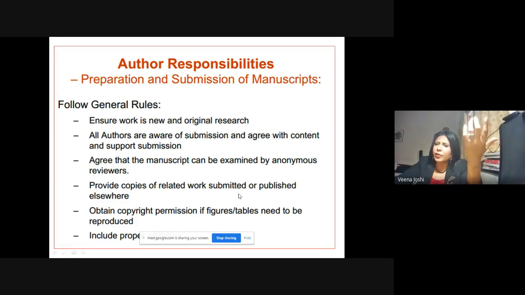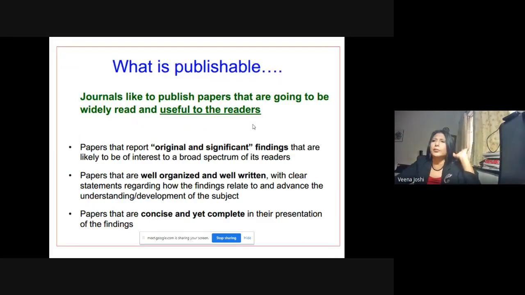Provide copies of related work submitted or published elsewhere. If I have partially submitted it somewhere, copyright, all this is the author's responsibility. You have to take copyright permission. If you took a figure from someone, or cited someone, these are all your responsibility.